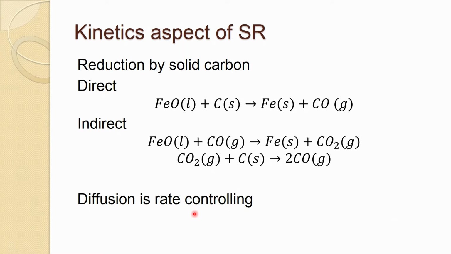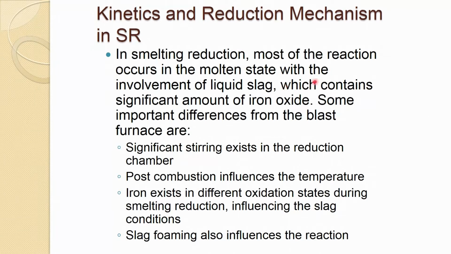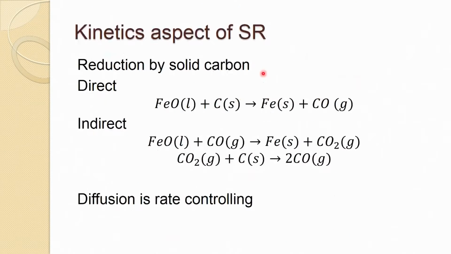So, the kinetic aspect of this, because as mentioned, most of the reduction is occurring in the liquid stage. So, most of the reaction occurs in the molten state. Reduction by solid carbon: in the liquid state, solid carbon produces iron and CO gas. In an indirect way, it can even be reduced through CO gas.